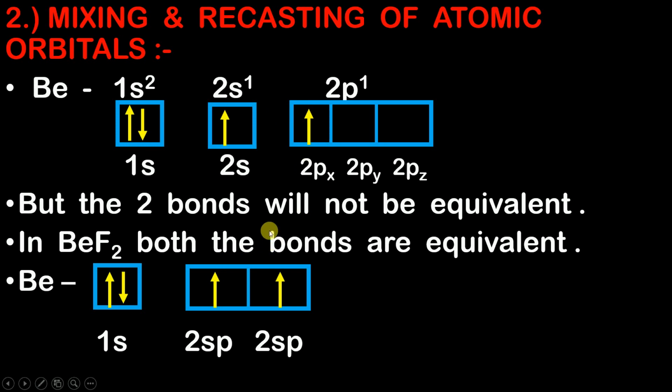Now if I ask you one question, if 4 pure orbitals combine with each other, then how many hybridized orbitals will we get? We will get obviously 4 hybridized orbitals, as you can see over here. Clear with this, guys?